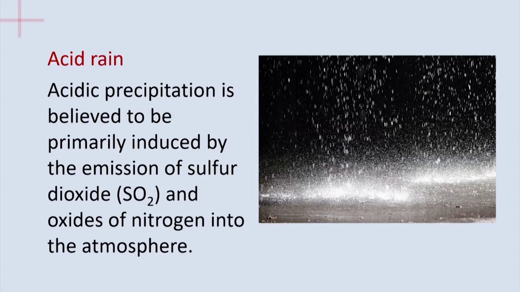The NOx and particulates from automobiles remain suspended in the air for a very long time. Acid rain. Acidic precipitation is believed to be primarily induced by the emission of sulfur dioxide and oxides of nitrogen into the atmosphere. Added to this are the emissions from burning biomass. Further, poor air quality is also caused by dust storms.